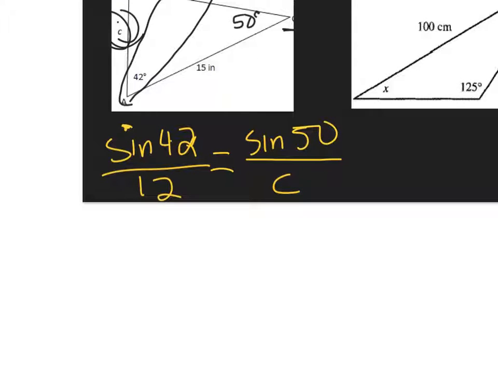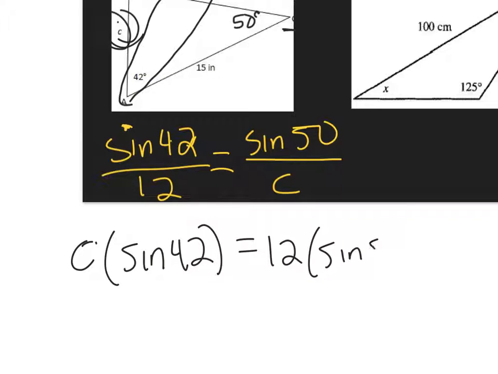Now it just becomes a cross products problem, where you're going to have C times the sine of 42 equals 12 times the sine of 50.